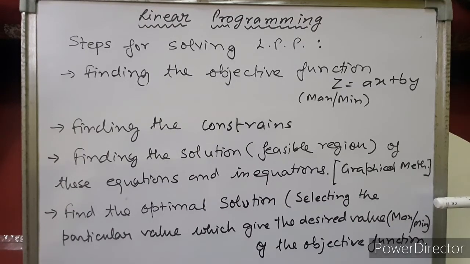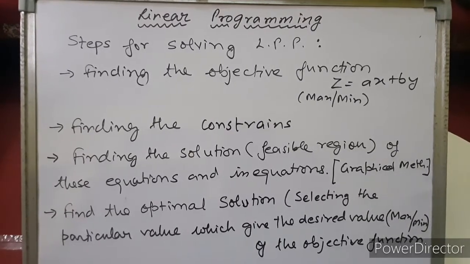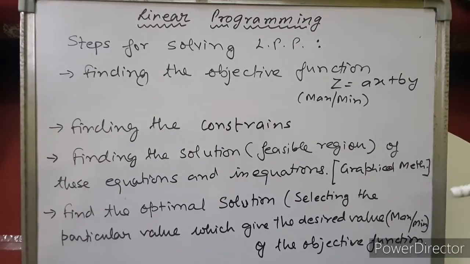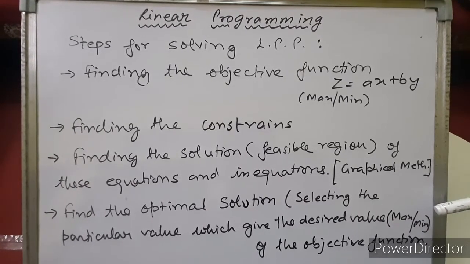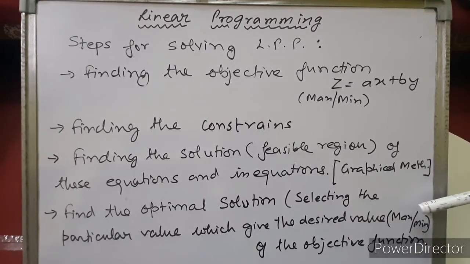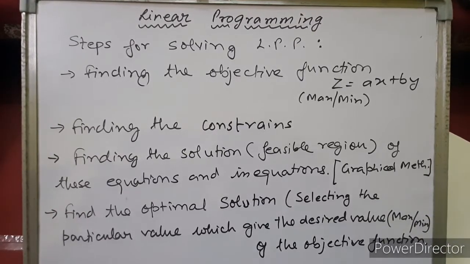The last step is finding the optimal solution. The optimal solution means finding the maximum or minimum value that is asked in the question. So the optimal solution is selecting the particular values of x and y that will make the objective function maximum or minimum. Please note down the steps.